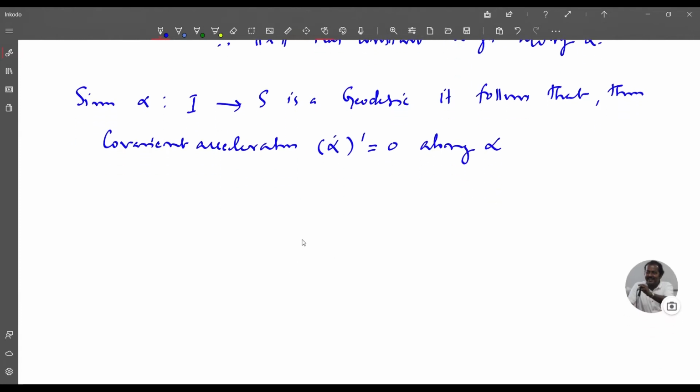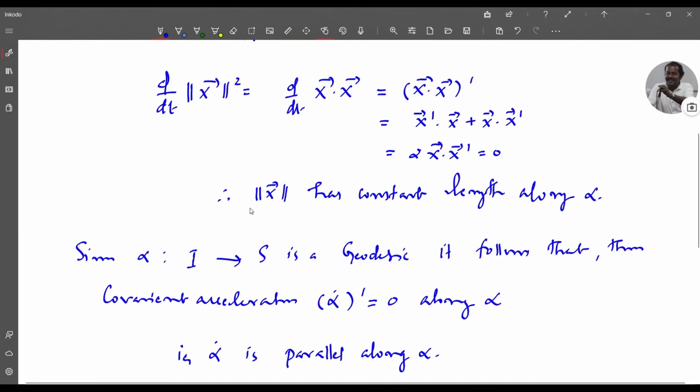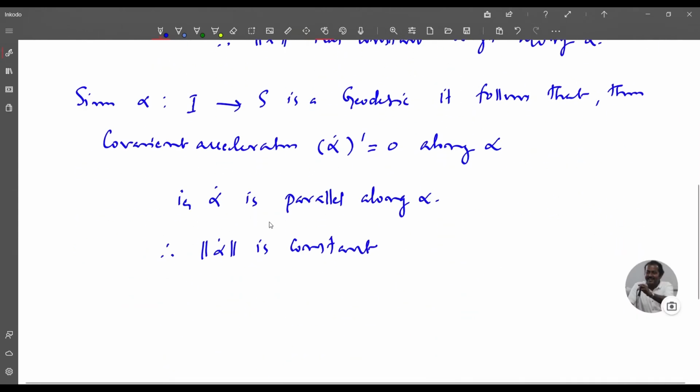That is, alpha dot is Levi-Civita parallel, or parallel along alpha. Therefore, norm of alpha dot is constant by the previous discussion. So if X is parallel along alpha, norm of X is constant, and alpha dot is parallel along alpha, so norm of alpha dot is constant.